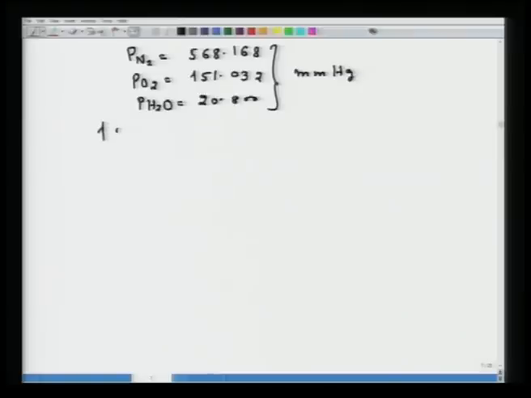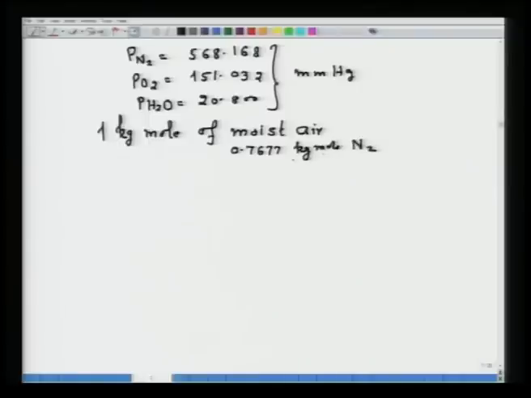Now, I can say 1 kg mole of moist air will contain 0.7677 kg mole nitrogen, 0.2041 kg mole oxygen and 0.0281 kg mole H2O.